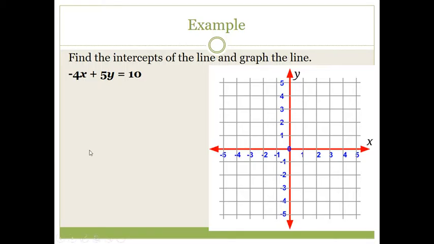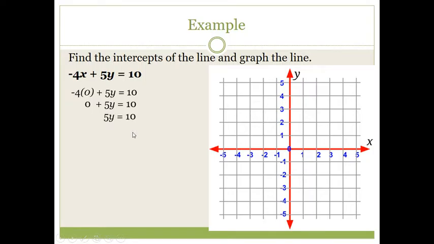Alright, when we have an equation in this form, where we have the x's and the y's on the left side equaling some number, we call that the general form of a linear equation. You may have heard that term before in a previous math class. It makes it particularly simple to find the x and y intercepts. We're just going to do what we did before and take turns letting x be 0 and then y.